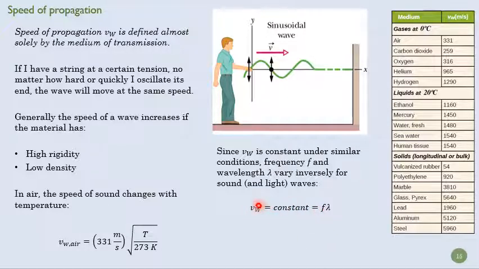If we make this a constant, if we say the speed of propagation stays the same for all waves, then these two things are going to vary inversely. What that means is that a high frequency wave in air is going to have a small wavelength, and a low frequency wave is going to have a larger wavelength.